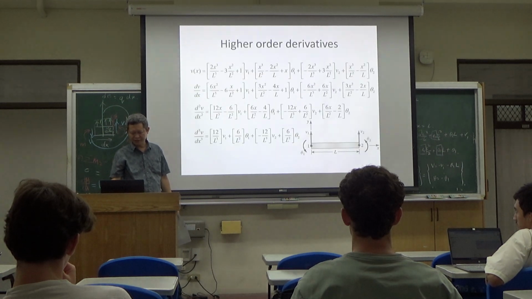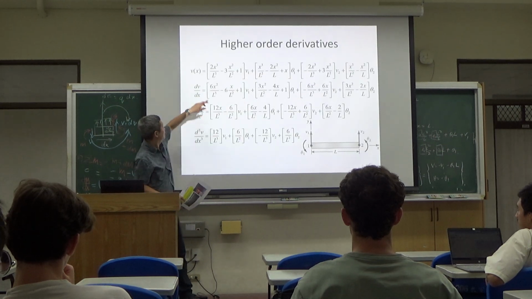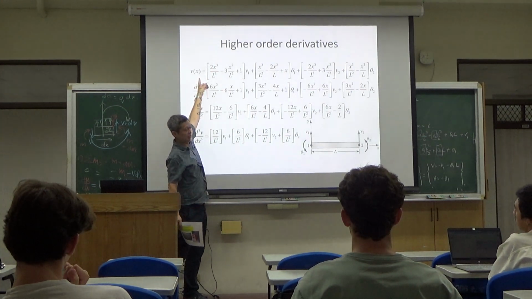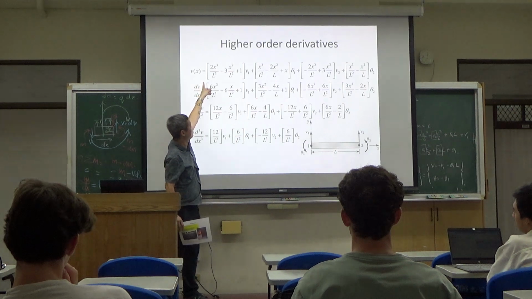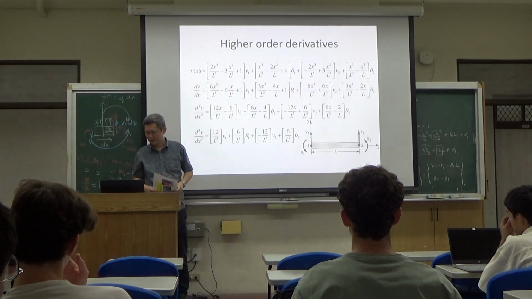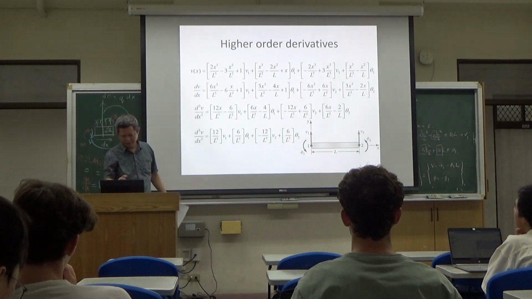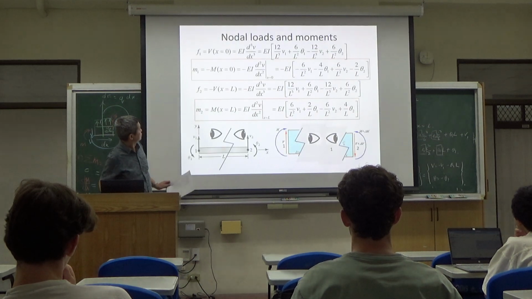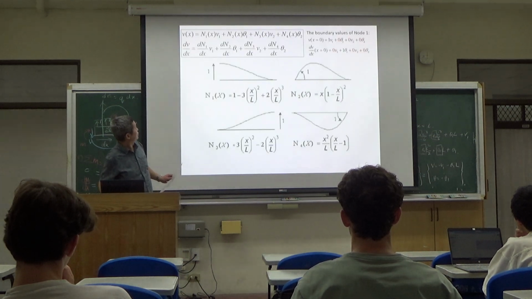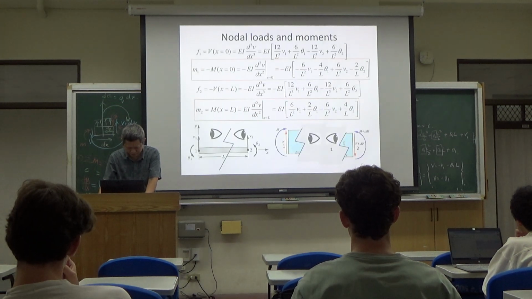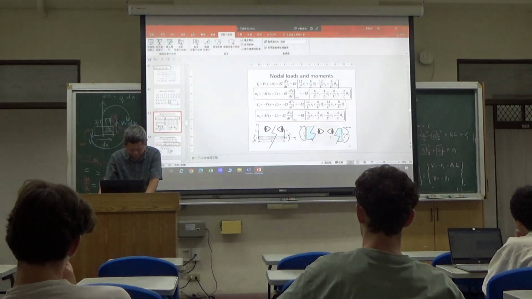As such, you can write your vertical displacement at any point to be the four shape functions times the four boundary values. If you are not sure what we are doing here, let me copy this.